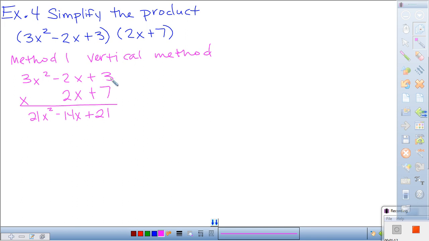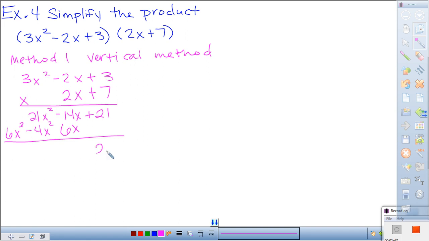So I have 2x times 3, which is 6x. 2x times negative 2x, which is negative 4x squared. And finally, we have 2x times 3x squared, which is 6x cubed. All right, now just like you do in regular multiplication, we need to add all these up.